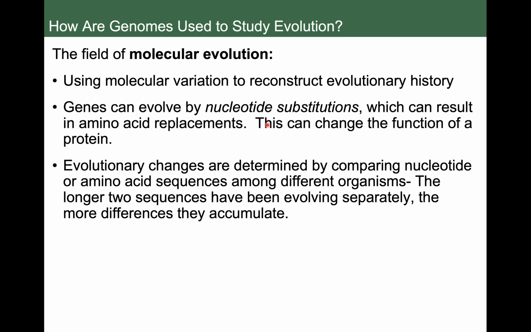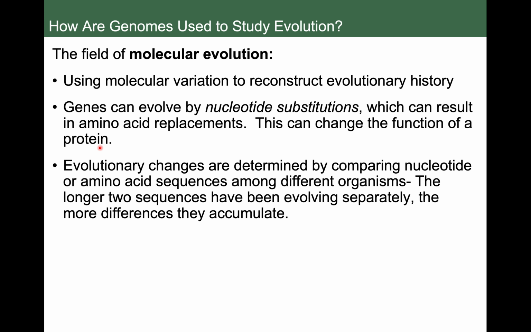And if we change amino acids, that may alter the function of that protein. Typically, if we change amino acids in a protein, it's very likely that that may disable that protein. But on certain rare occasions, you may actually gain some new function. And that's really where things start to get interesting in terms of evolution.